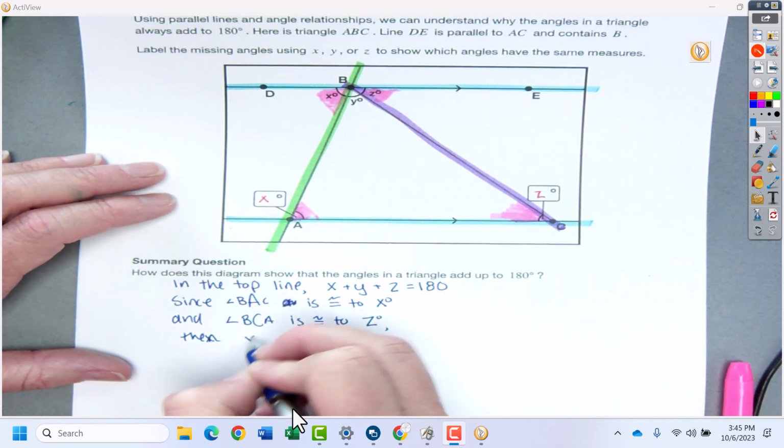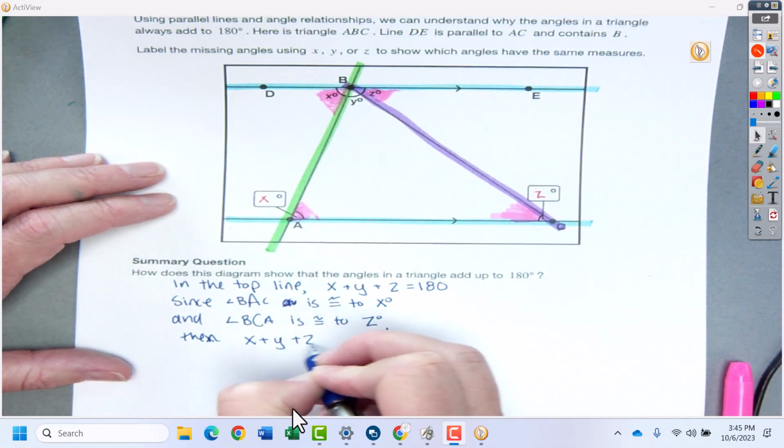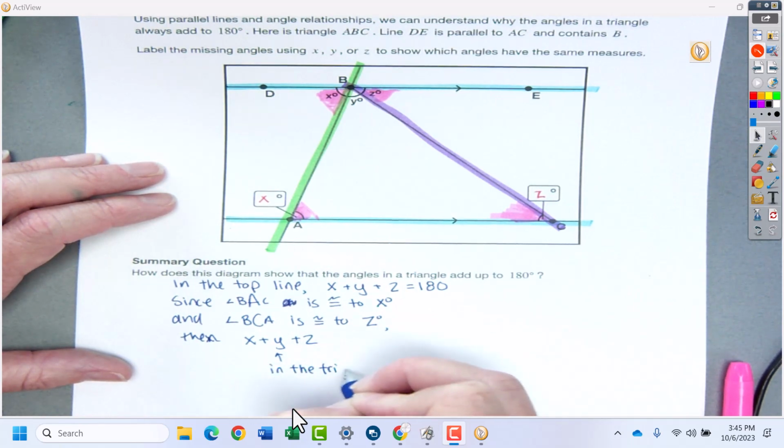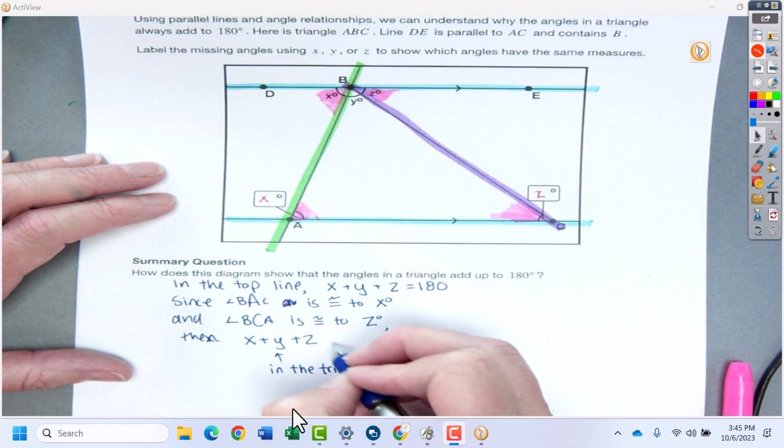Then x plus y plus z in the triangle must also equal 180 degrees.